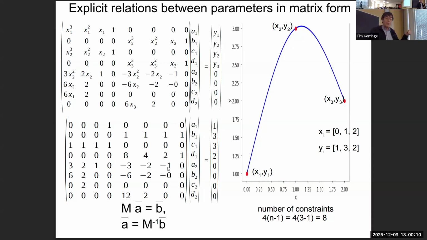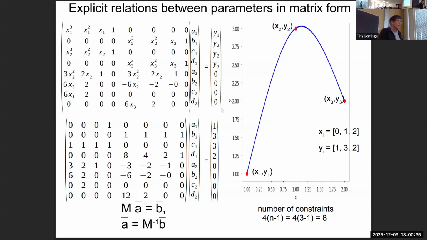We know the data points, so we know the dependent and independent variables. We can fill those in. We see that what we're trying to solve for with matrix algebra is these coefficients of this vector that multiplies this matrix and yields this vector here that contains the dependent variable. So this is basically a matrix algebra problem.